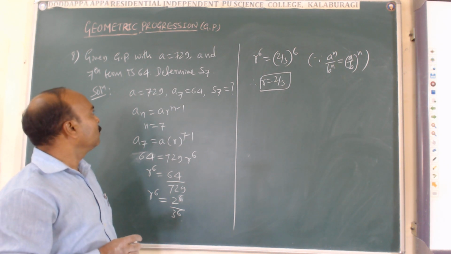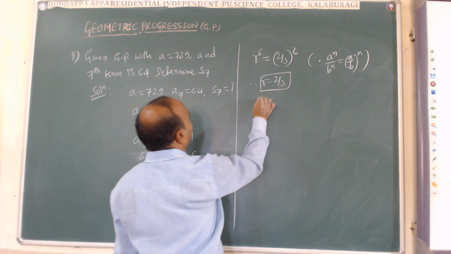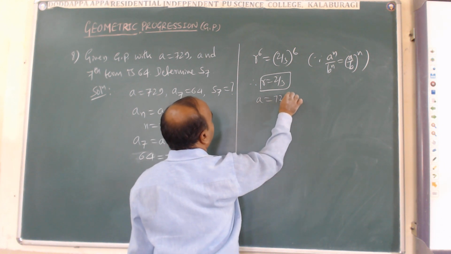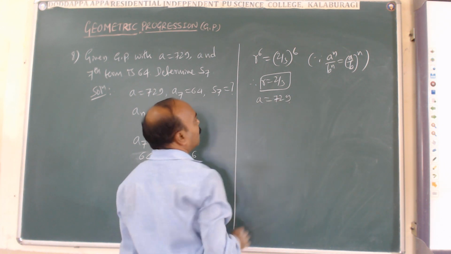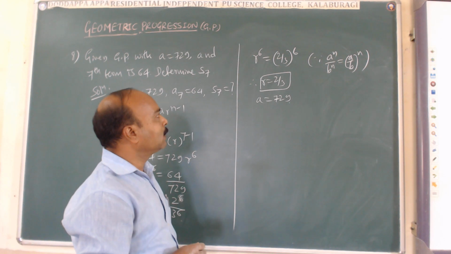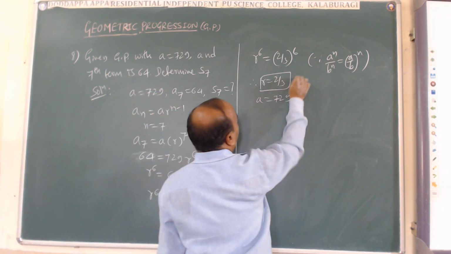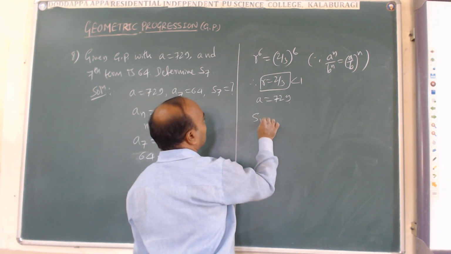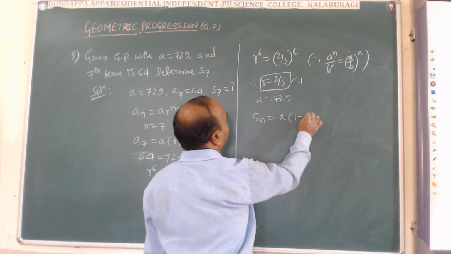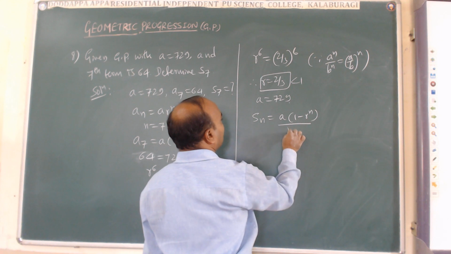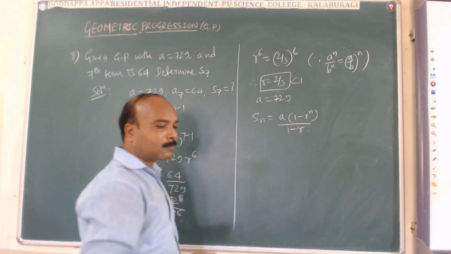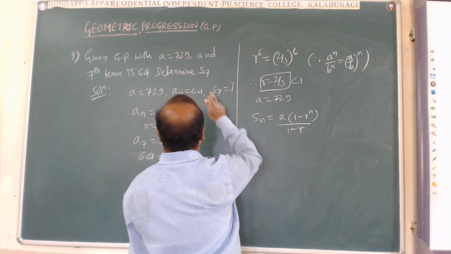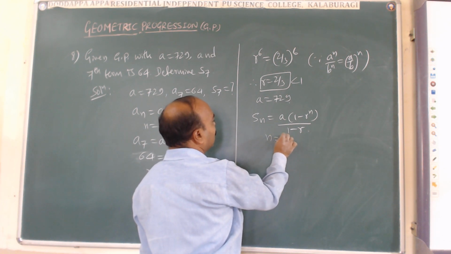Here already a equal to 729 is given. The a value, r value we got as 2/3, which is less than 1. Therefore you can use the formula Sn = a(1 - r^n)/(1 - r). So they ask to determine S7, means you put n equal to 7.